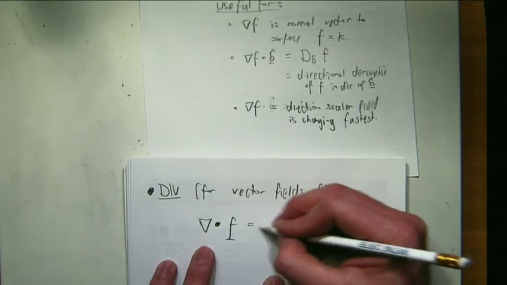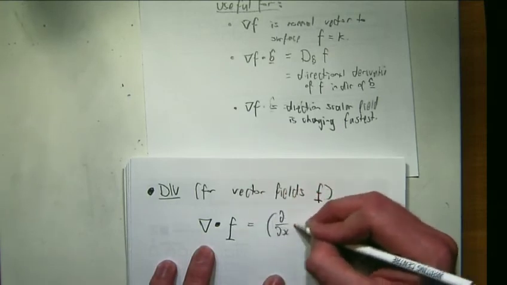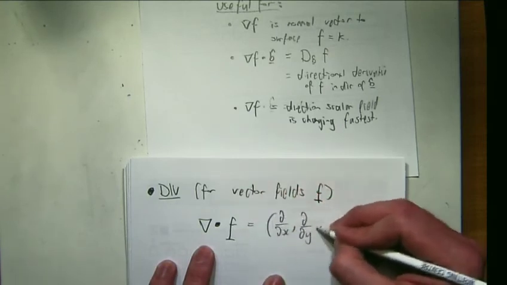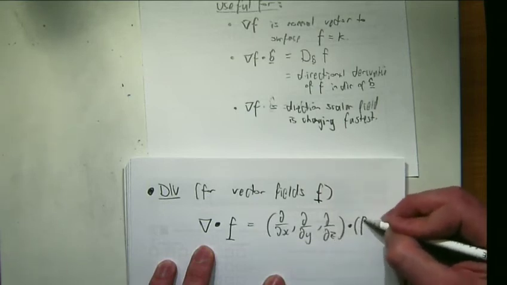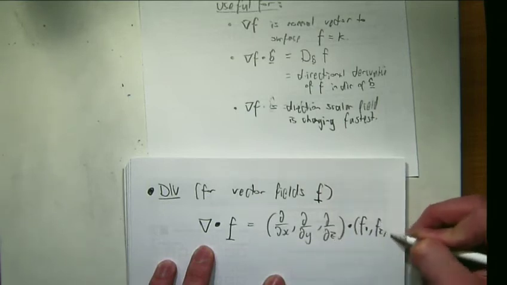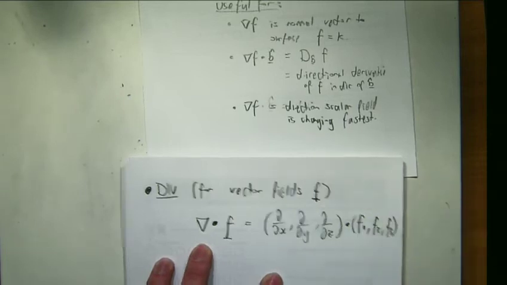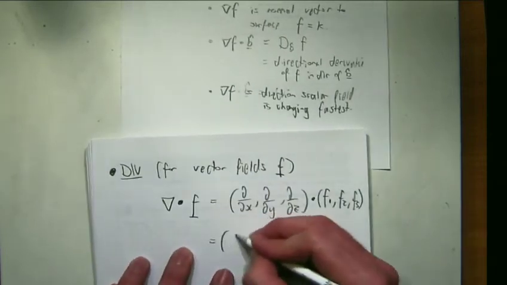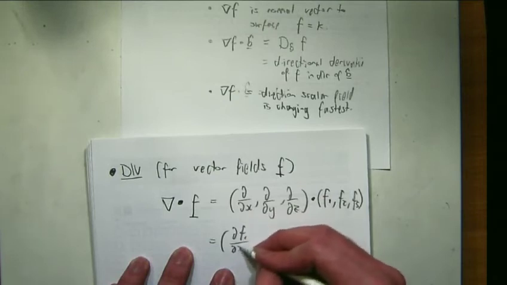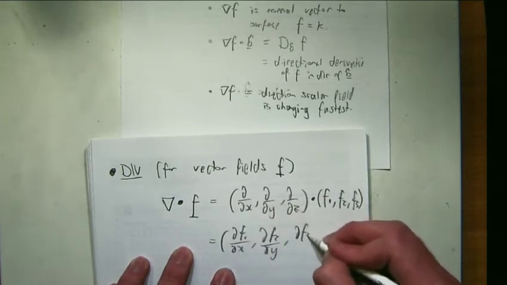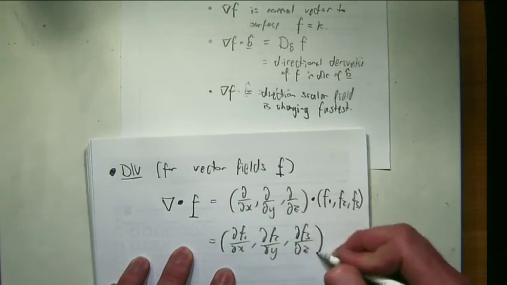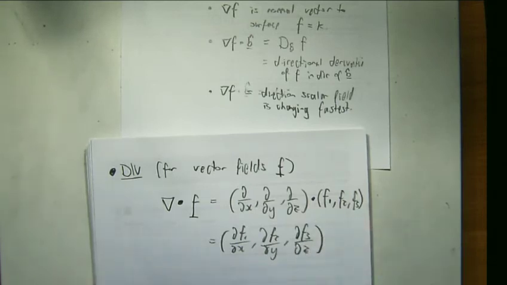So it's d on dx, d on dy, d on dz, dot, and f has 3 coordinates. It's got a function here and a function here and a function here. And so it will be df1 on dx, df2 on dy, df3 on dz. That's div f.